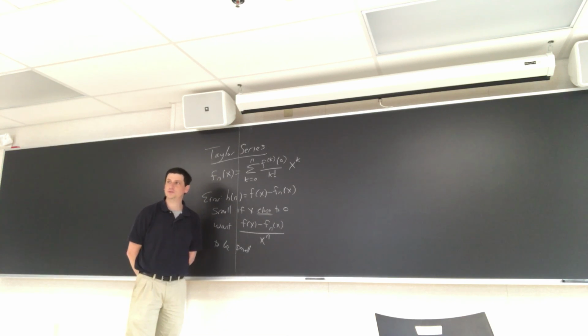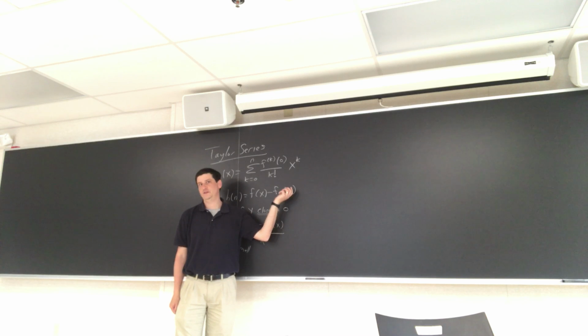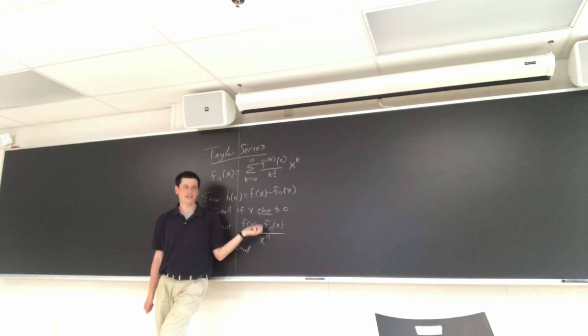That would be a really good approximation. So for instance, if you think of x as 1/10, if we take a degree 5 expansion, then this should be so small that even when we divide by x to the 5th, 1/10 to the 5th, it's small.